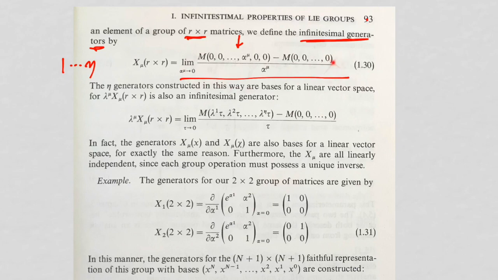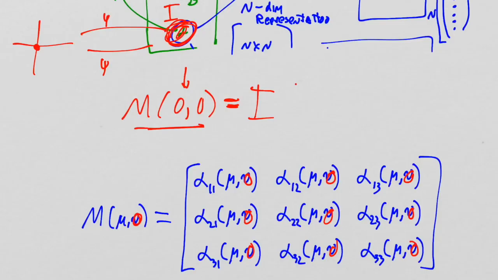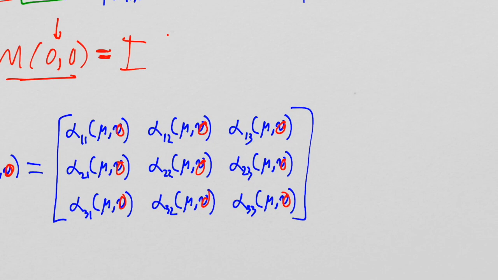So you're essentially taking the derivative with respect to just one of those parameters, with all the others set to 0. If you do that process, you're going to get a matrix, because you subtract M of 0, a matrix element subtraction, because matrices can be added and subtracted.